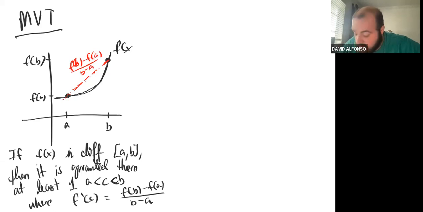There is at least one value of x where the derivative has the exact same slope. Okay, this is f prime of c, right? So that's what the mean value theorem states. There has to be at least one value of x where the derivative is the exact same slope as the average rate of change between the ends. Okay, that's the mean value theorem.